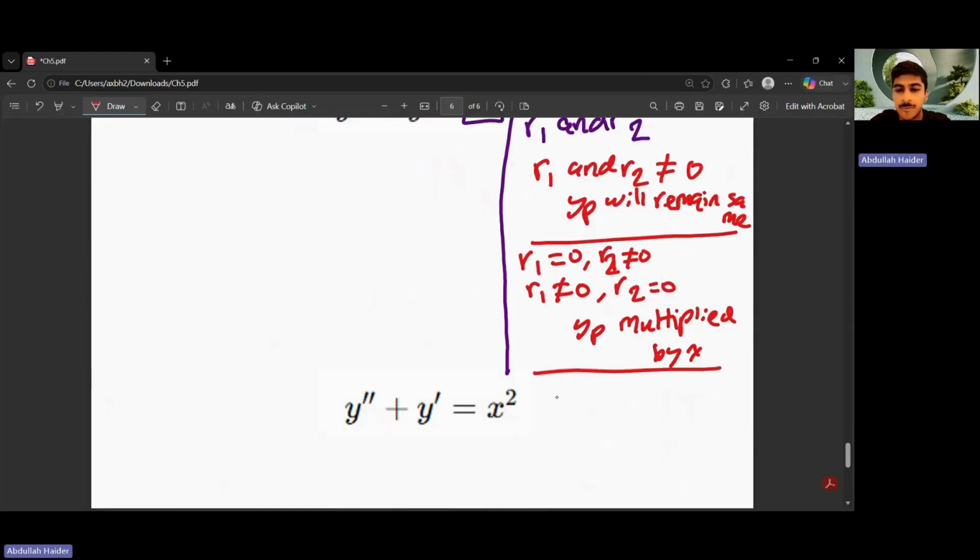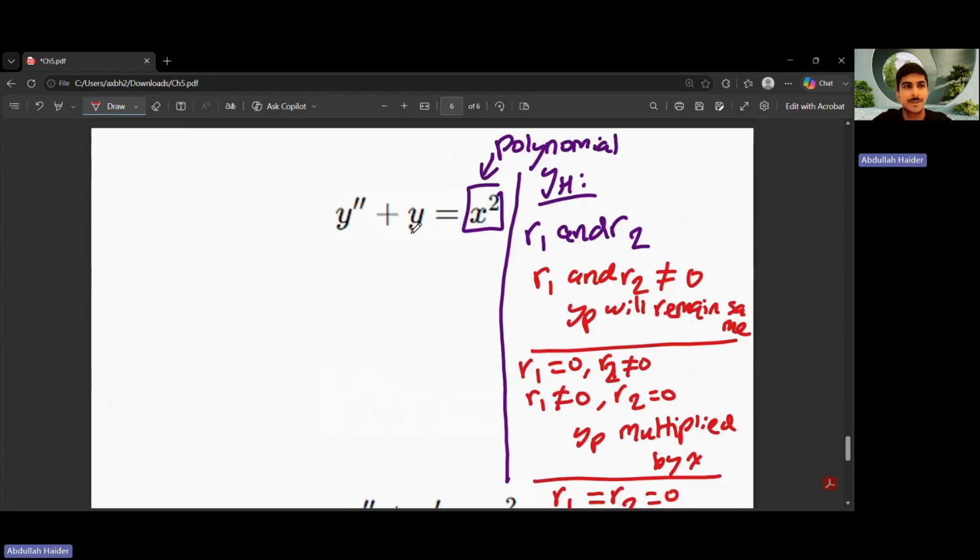And if both of them are 0, if R1 and R2 are equal to 0, then your yp will be multiplied by x squared. So we'll see them now in these cases.